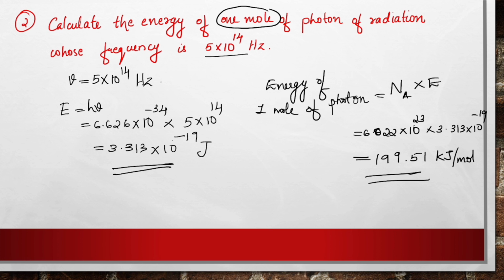H is Planck's constant and nu is the frequency. Remember the Planck constant value 6.626 into 10 raised to minus 34. H nu can also be written as hc by lambda, where frequency nu is equal to c by lambda. C is the velocity of light, 3 into 10 raised to 8 meter per second. Lambda is the wavelength of radiation that we are using.